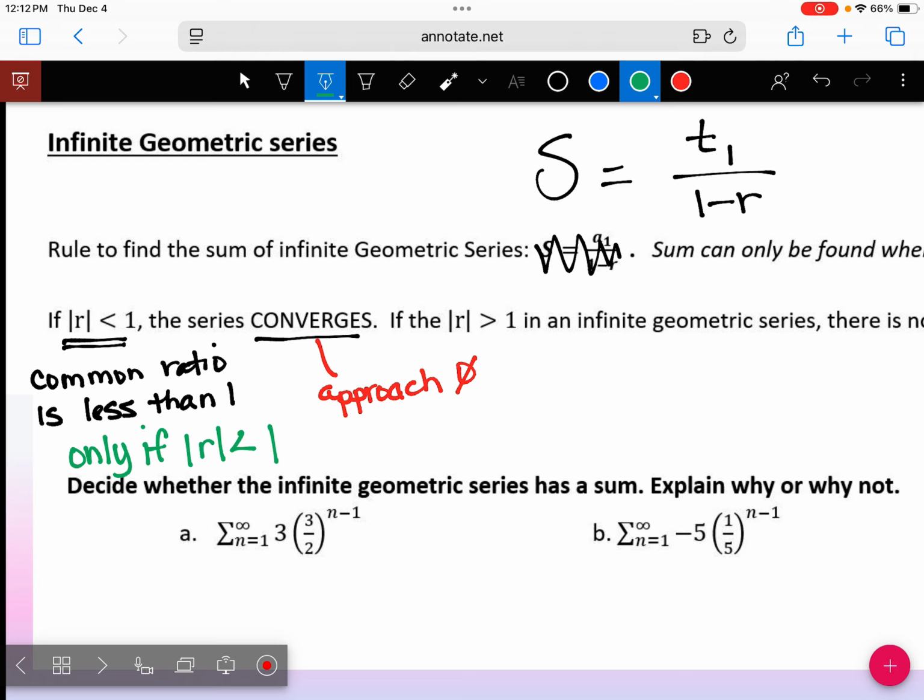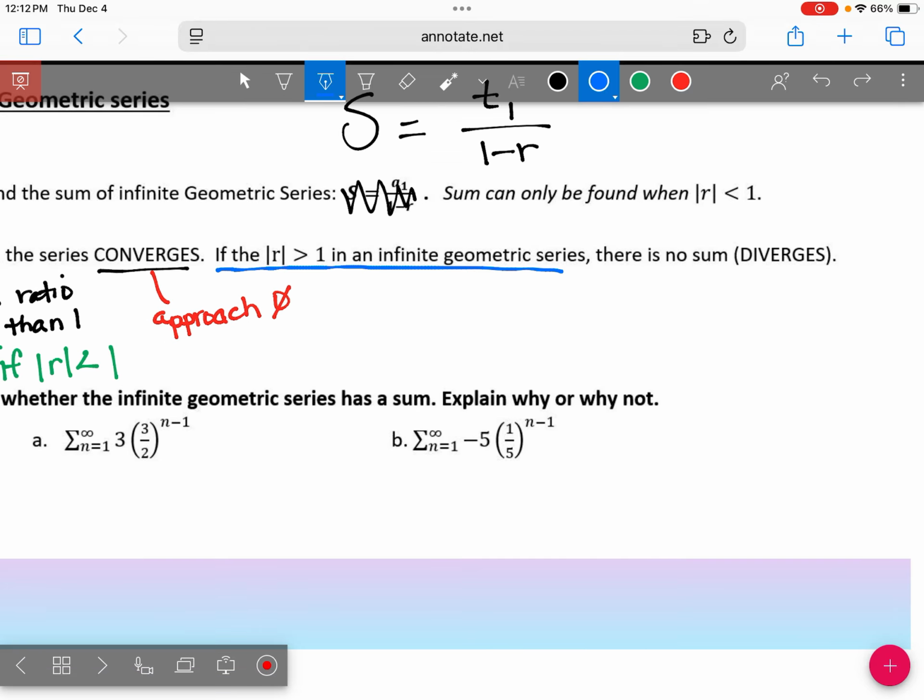It's not going to ever plateau. So it is impossible to find the sum of a series that's approaching infinity. If your r value is greater than 1, you would simply tell me on the test that it has no sum.